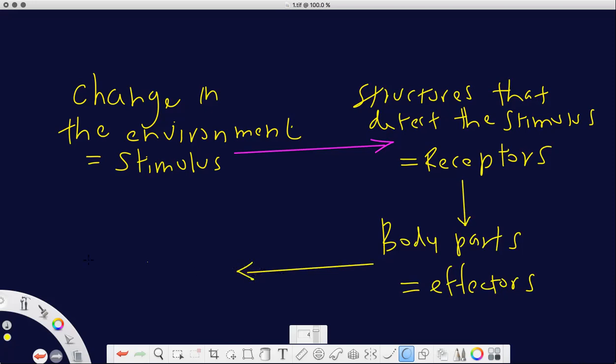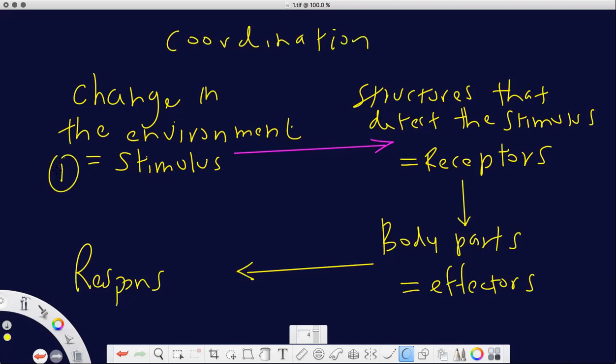When the effectors start to work, it ends up as a response. So that is the final thing, response. So now we have four major components of the coordination. What are the four major components? Number one, the stimulus, number two, receptors, number three, effectors, number four, response.